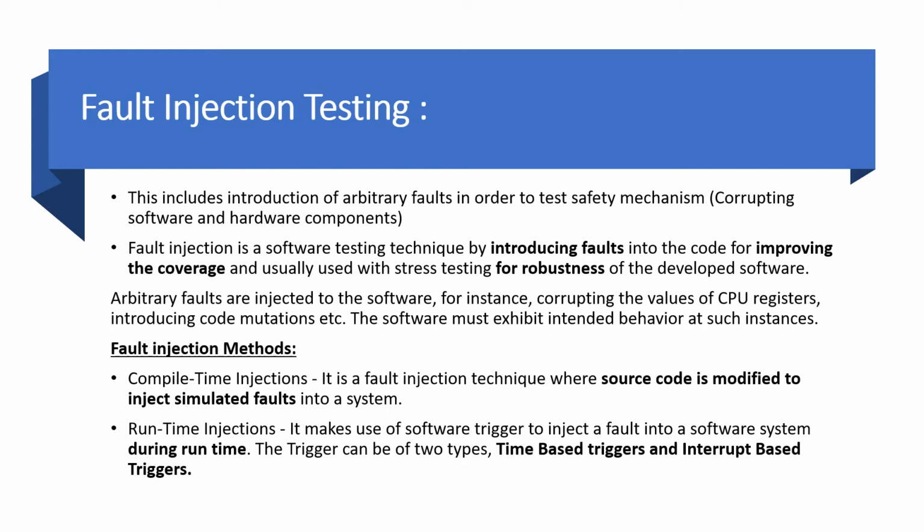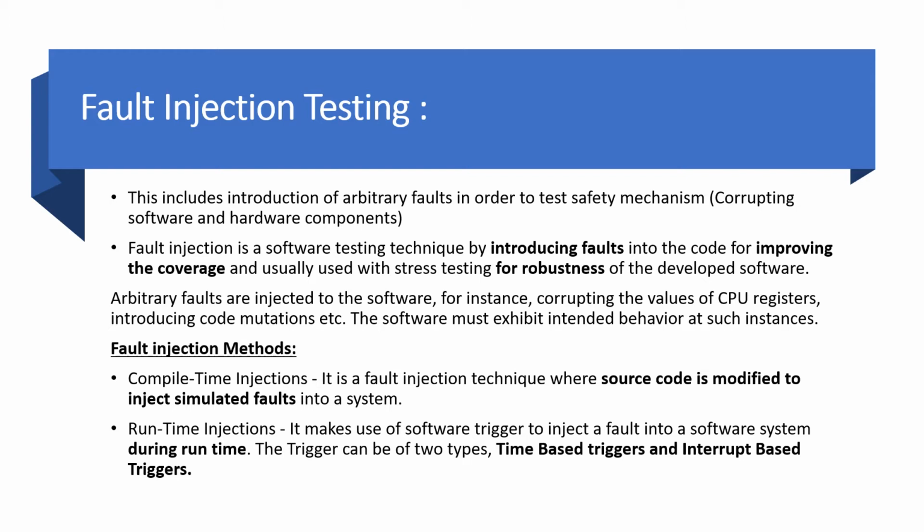Arbitrary faults are injected into the software, for instance corrupting the values of CPU registers or introducing code mutations. When we do code mutation, we may be able to test the fault injection, and the software must exhibit intended behavior at such instances.